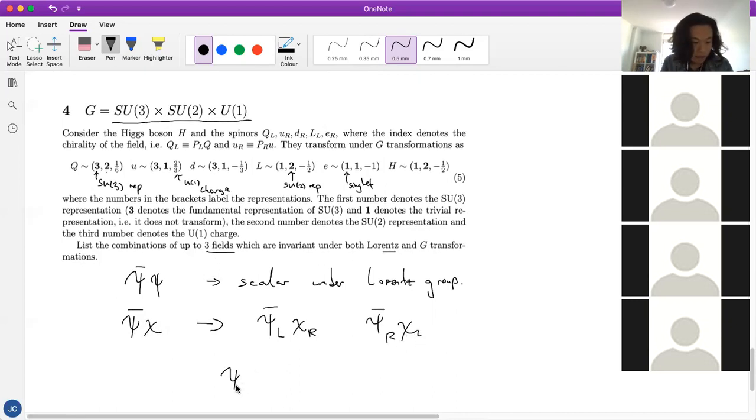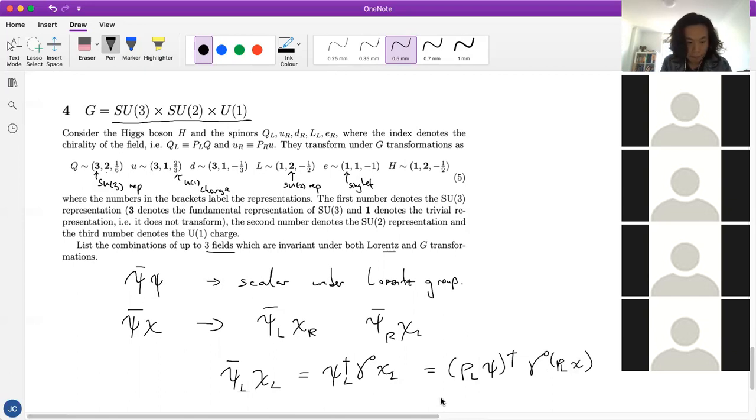So I can't have something like psi bar left, chi left, because then this thing equals psi dagger gamma naught left, chi left, and this equals PL projection dagger gamma naught PL chi. And then once I take this apart, I get psi bar PL gamma naught PL chi.